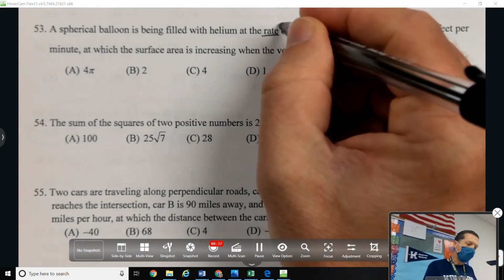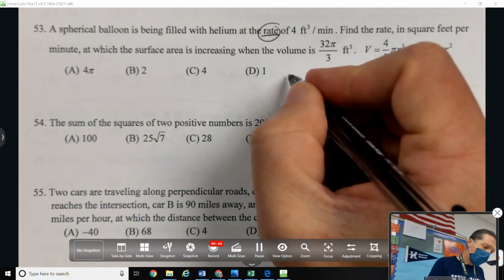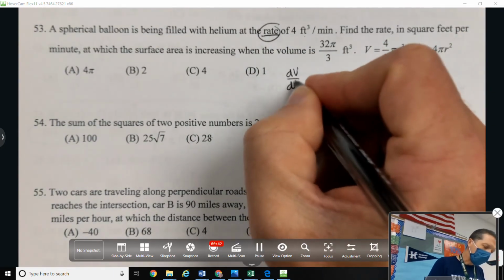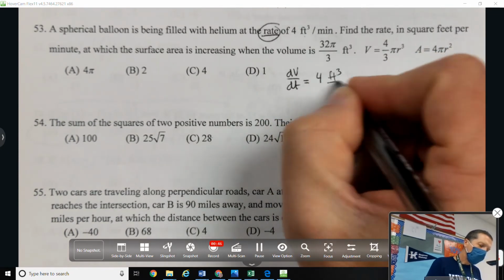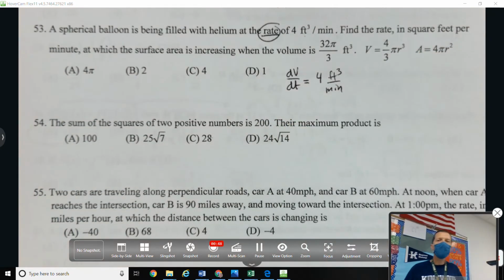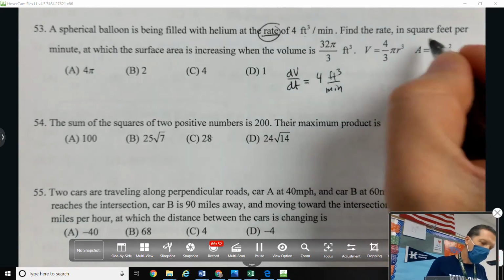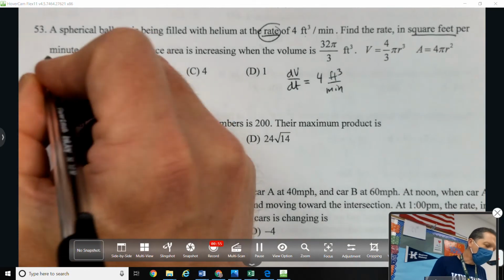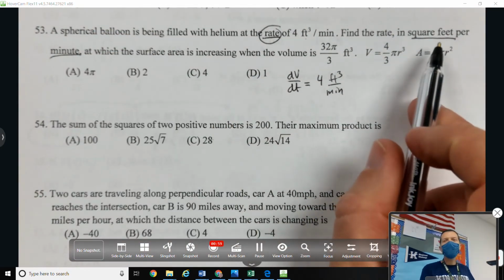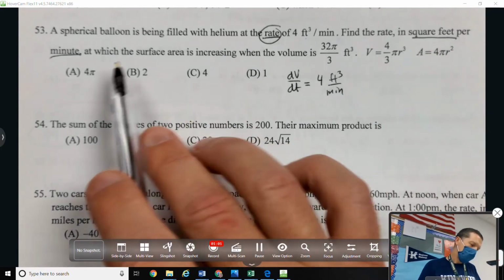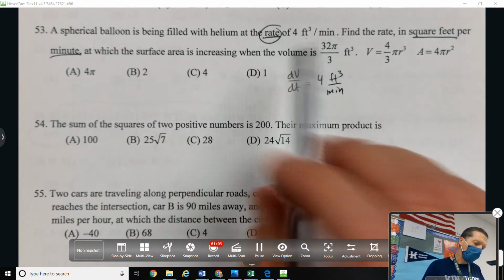So between the word rate and the units, I can figure out that dV/dt is 4 feet cubed per minute. Find the rate in square feet per minute. Well, even before they finish asking, if it's square feet per minute, that's going to be dA/dt, at which the surface area is increasing.